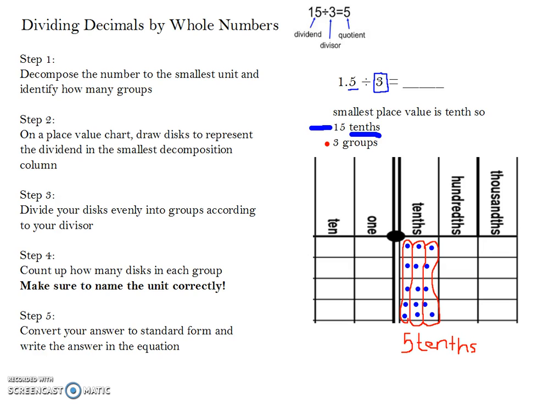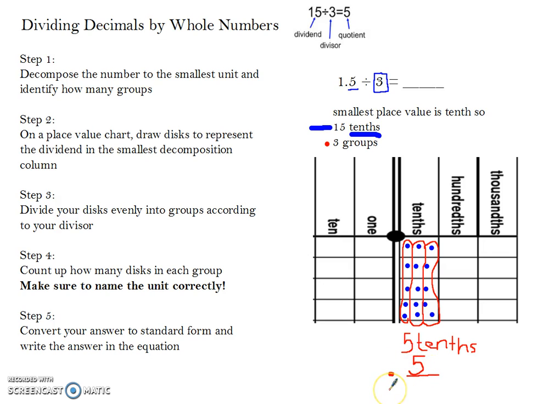Finally, step 5 is you want to convert your answer to standard form and write the answer in the equation. Since I'm in the tenths column, I know that tenths is 1 place value after my decimal, so I draw the line. Then I can place my numbers. This one is easy because I only have one number.